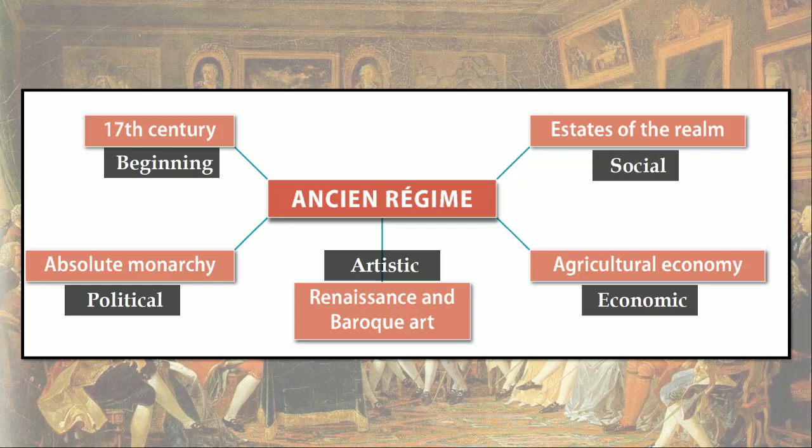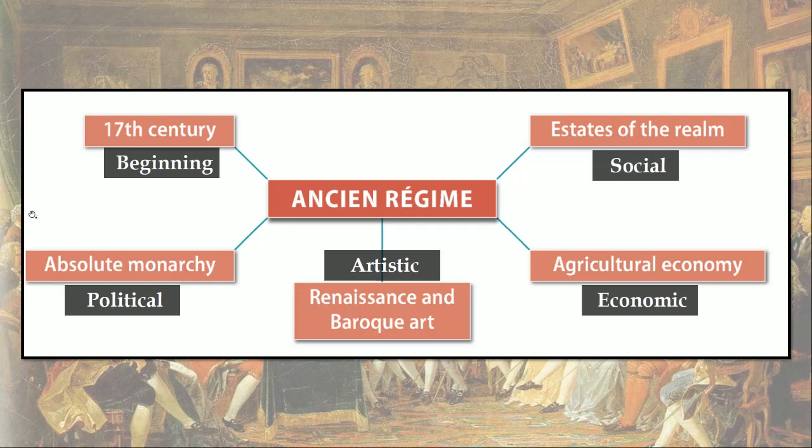So, as a summary, it features an agricultural economy, an economy based mostly on agriculture. Socially, the society is divided in 3 estates: the nobility, the clergy, and the third state, or the commoners.